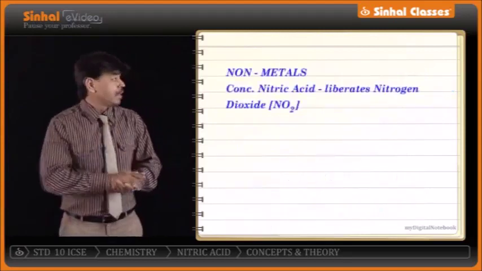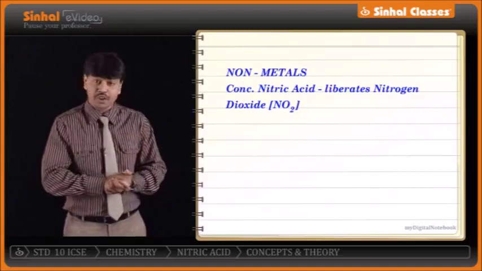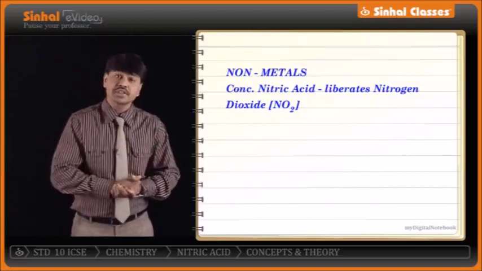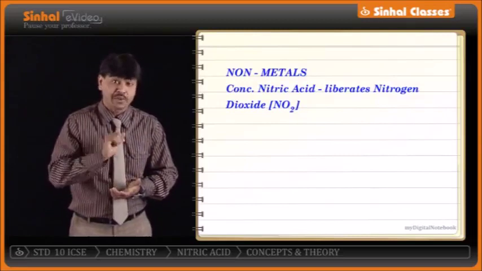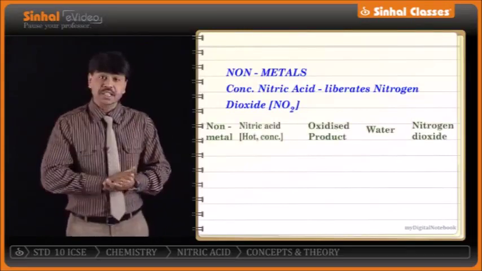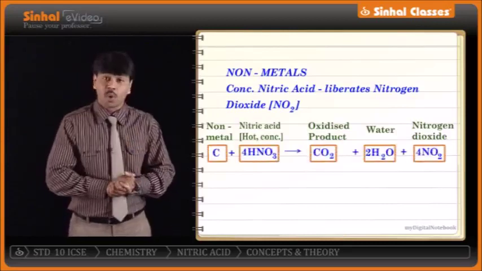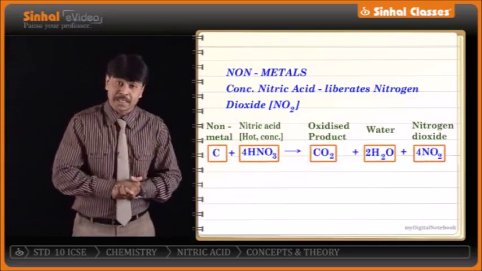To begin with, with respect to non-metals like carbon, sulfur, and phosphorus, hot and concentrated nitric acid will react with them. Let's see the reactions. Carbon reacts with nitric acid, giving you carbon dioxide, water, and NO2 gas.